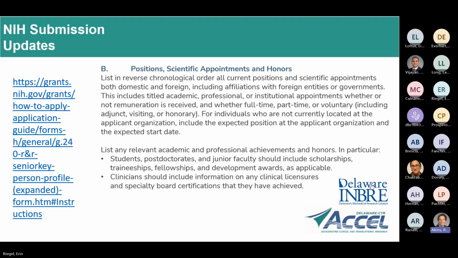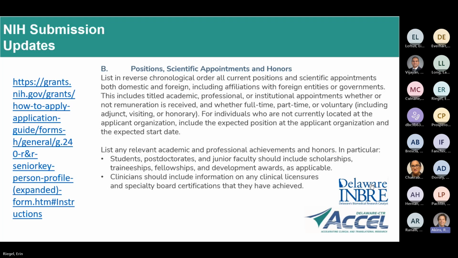But the things that you need to provide, in reverse chronologic order from when you got them, are your current positions and appointments. One of the audiences that looks at your biosketch are the admins at NIH and the admins at the multiple institutions that might be involved in the project. So you should disclose to them anything that's relevant in terms of your positions.